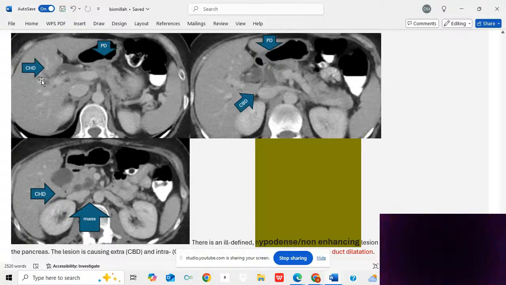If you go with the common hepatic duct and go downwards, you will find that the common bile duct, if dilated, will be stuck here in the space between the pancreas and the duodenum.